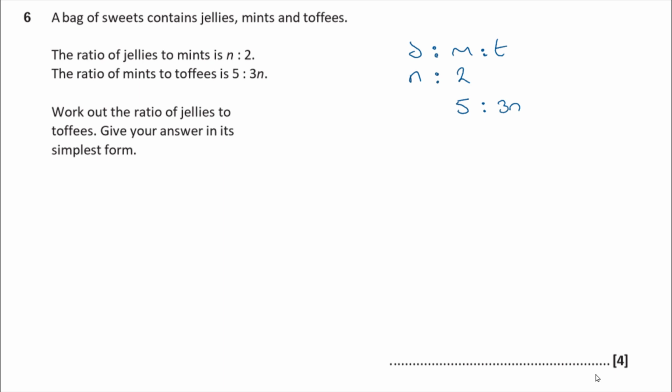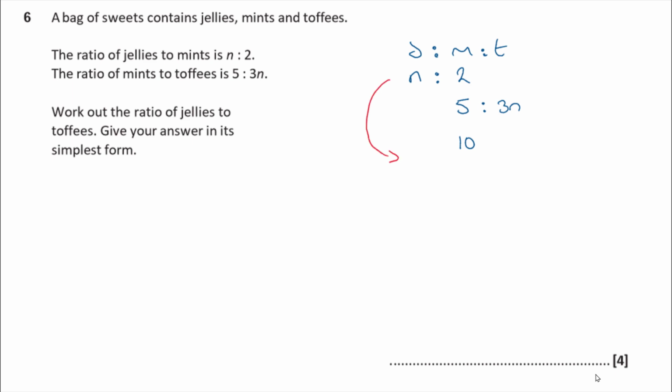If we can scale these up so they're both the same multiple, then we can make one ratio. So the common multiple of 2 and 5 is going to be 10, isn't it? If we can make this ratio into 10, then we can bring down the other parts and form one ratio. So let's take this first ratio, n to 2.